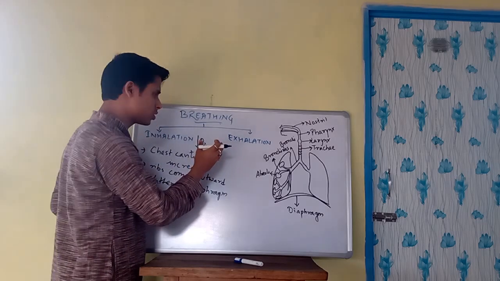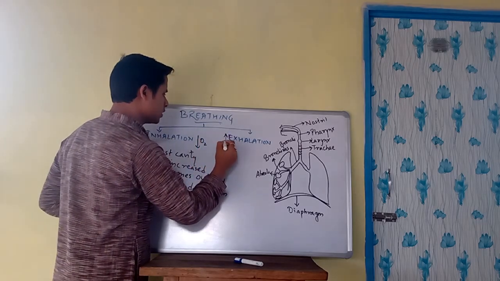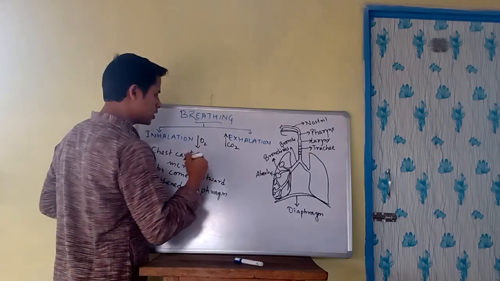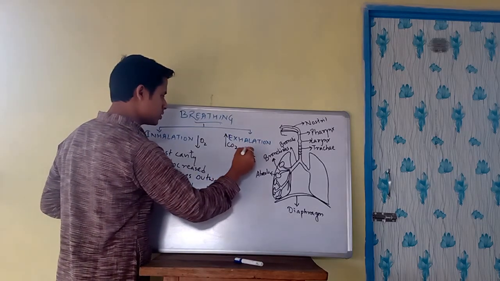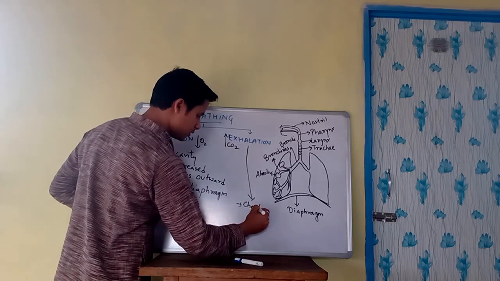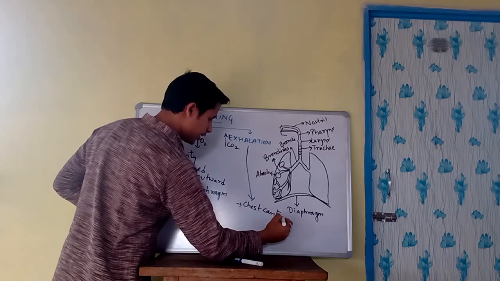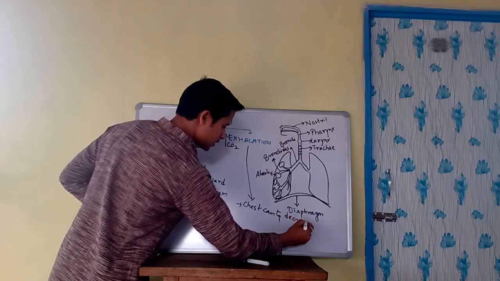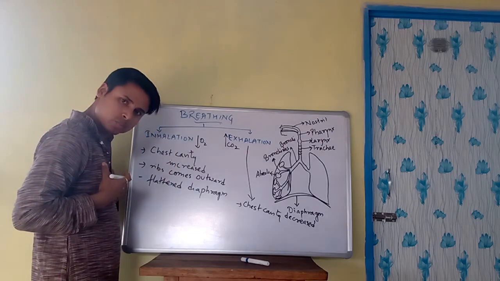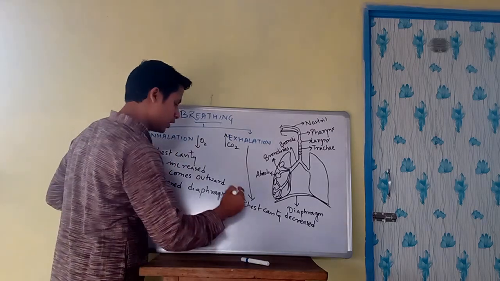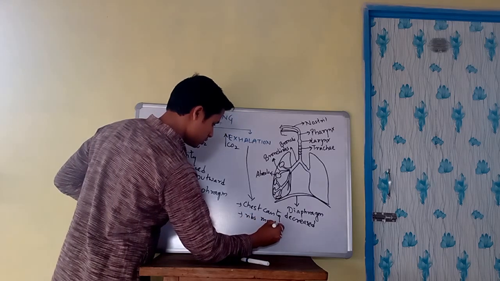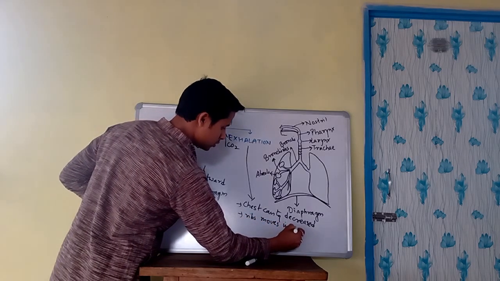Before that, we will complete the exhalation process. In the exhalation process, it is the release of carbon dioxide. For releasing carbon dioxide, first the chest cavity decreases. Yes, the chest cavity decreases when it comes back to its position. Then the ribs move inward.